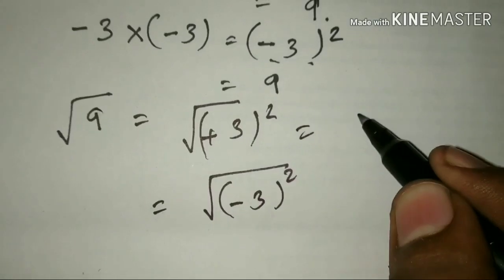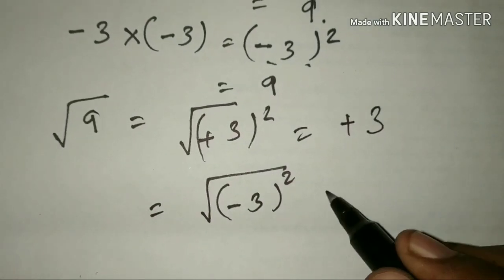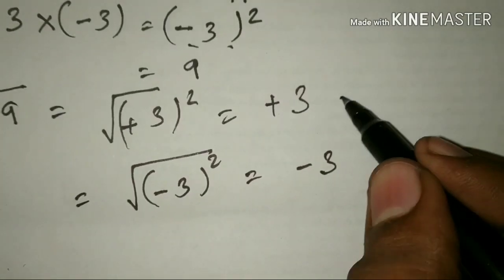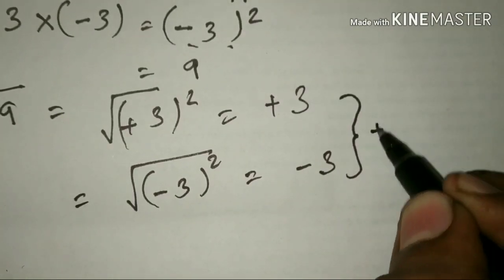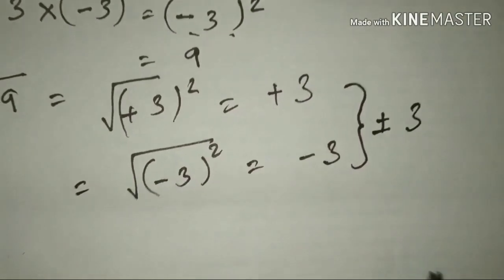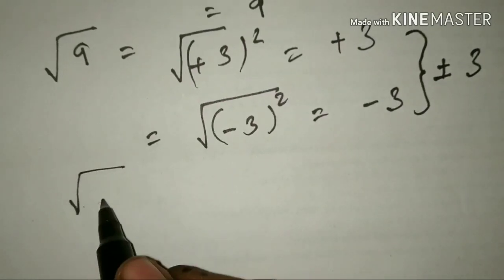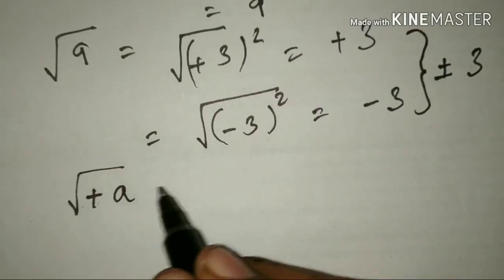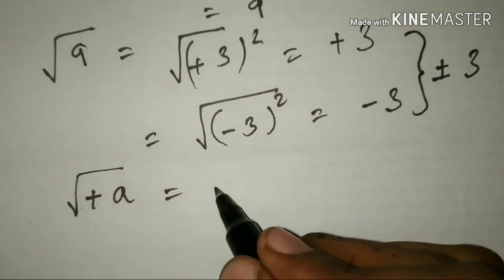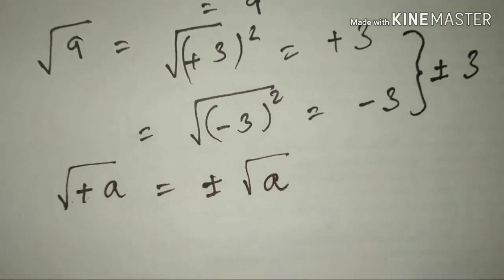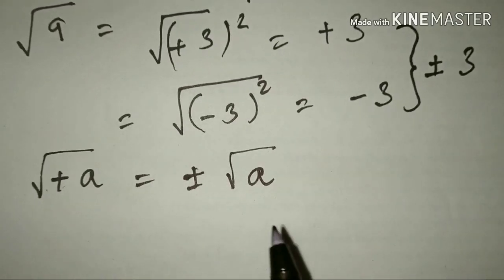That means we can get one answer as plus 3 and the other answer as minus 3. So in general, we write them both as plus minus 3. So the square root of any positive number is actually plus minus the square root of that number.